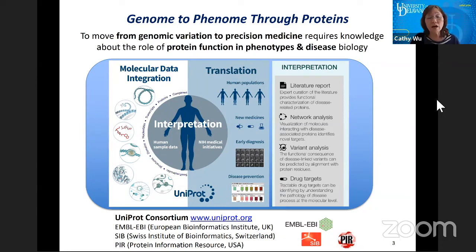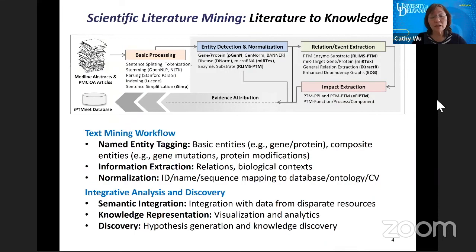Much of the functional information in UniProt is knowledge gleaned from the scientific literature. So our group, along with our collaborators, has been engaged in natural language processing research for quite a number of years to mine the scientific literature.